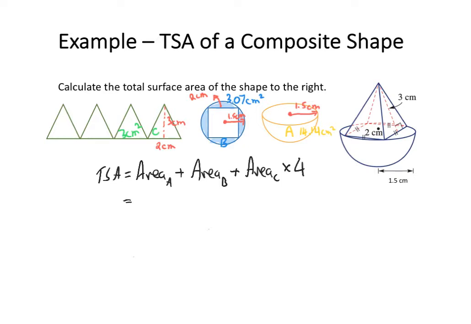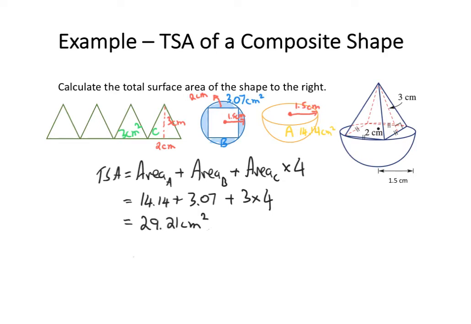Substituting in my values, it is going to be 14.14 plus 3.07 plus 3 times 4, and all of that is going to add up to 29.21 centimeters squared. So the total surface area of my 3D composite shape in the example is 29.21 centimeters squared.